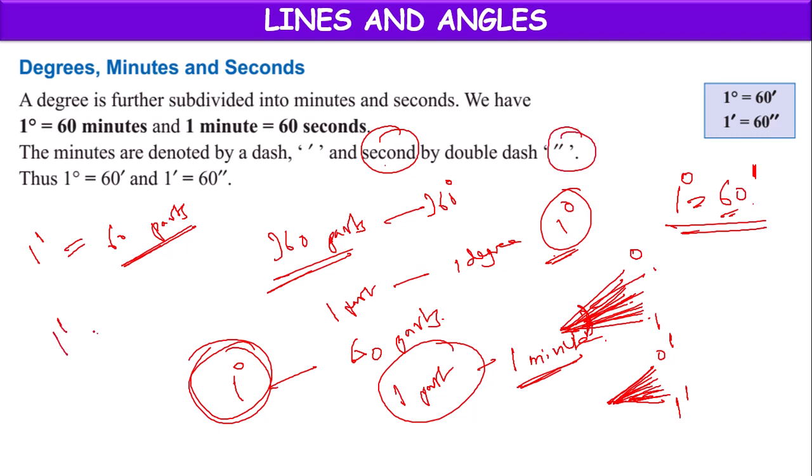So 1 minute equals 60 seconds. We can write them as straight lines, or we can mention them as slant lines.